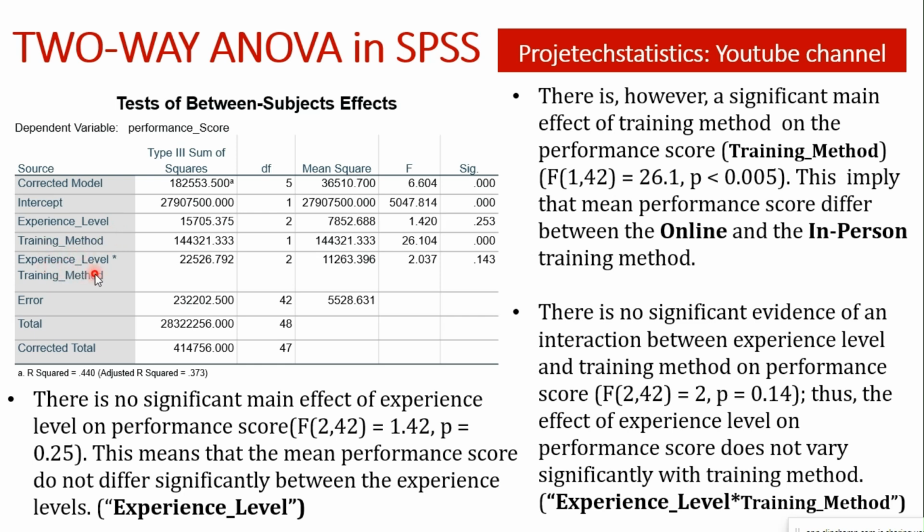I told you that in a two-way ANOVA, we have three hypotheses. So this row here is going to answer the first hypothesis. This one answers the second hypothesis, and this is the interaction effect, which is going to answer the third hypothesis. So from here, you see that for the experience level, our p-value is 0.253.